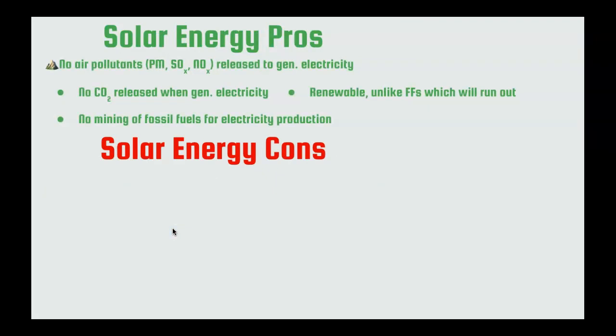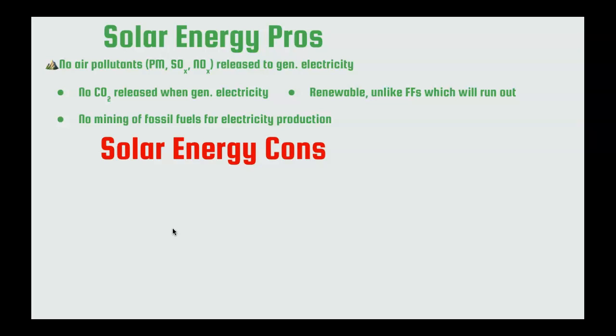So we've talked about these throughout, but just making sure that you've got a good sense of this. Solar energy pros: there are no air pollutants, no particulate matter, no sulfur dioxide, no nitrogen oxides released during electricity generation. And that's important to note, that it's during electricity generation.